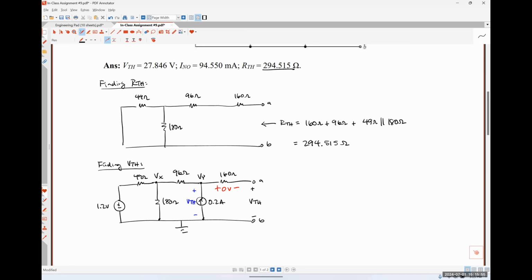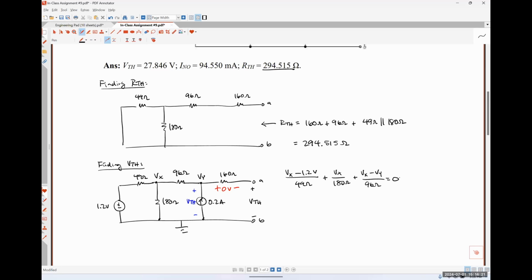So to me, this looks like Vx minus 1.2 volts divided by 49 ohms plus Vx over 180 ohms plus Vx minus Vy over 96 ohms is equal to 0.